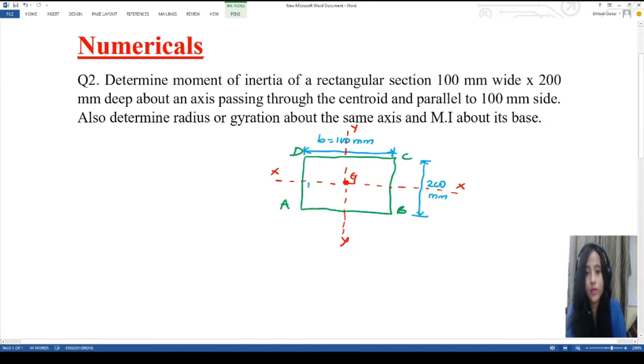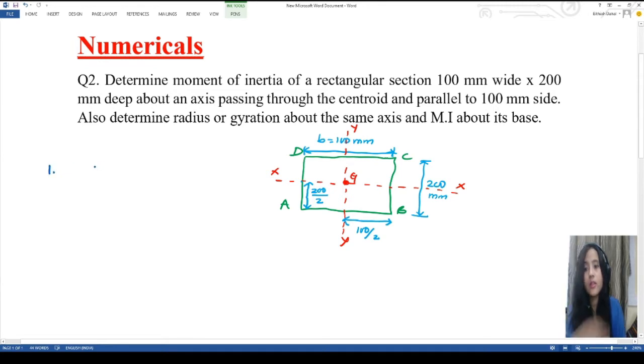It will be equal to depth by 2, and my depth here is 200 divided by 2, right? So what will be the measurement from this point till B? It will be half of the base, which will be equal to 100 divided by 2, right? Now let us solve. What are we asked to find?